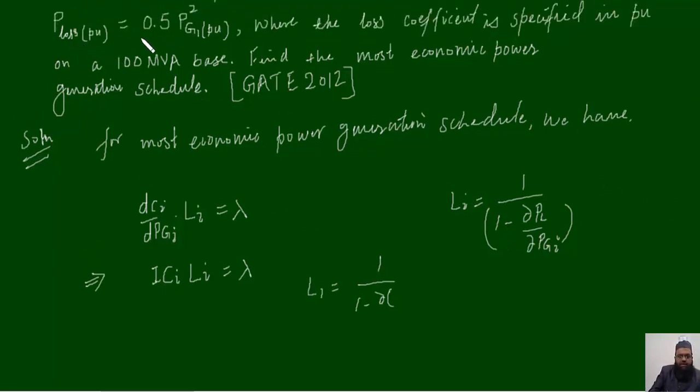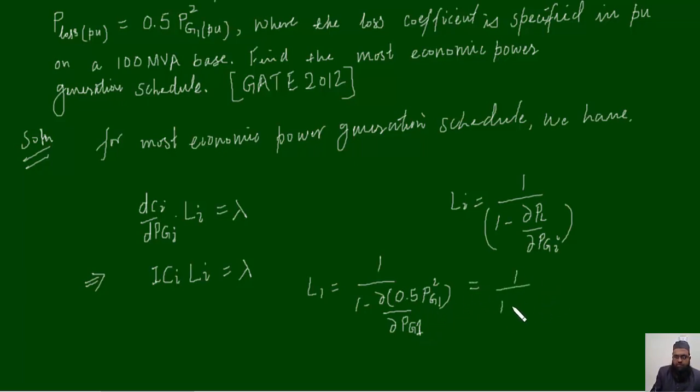PL in per unit is given as 0.5 PG1 in per unit squared upon del PGi. For i equal to 1, here we will put 1.